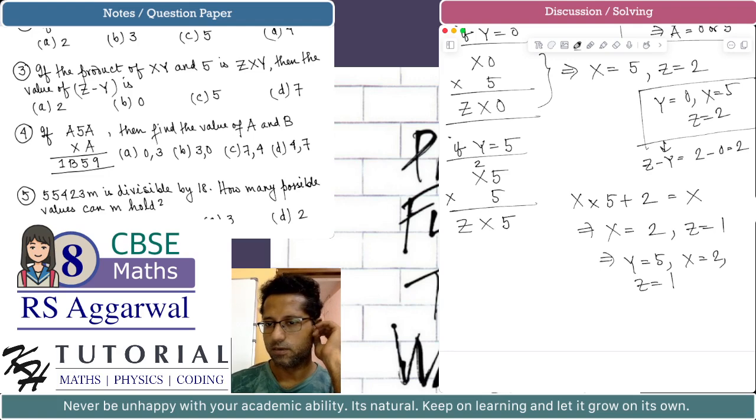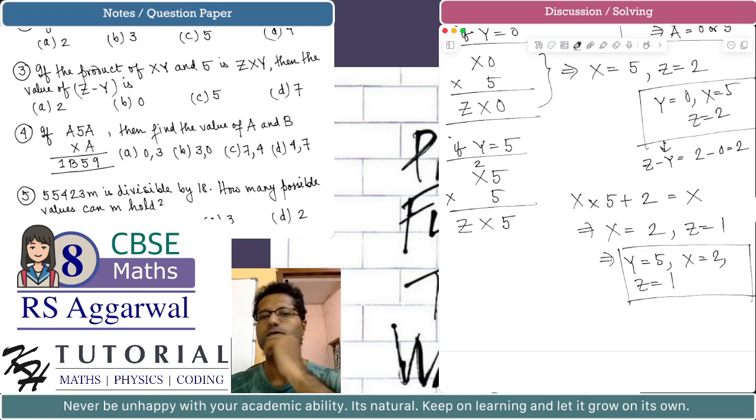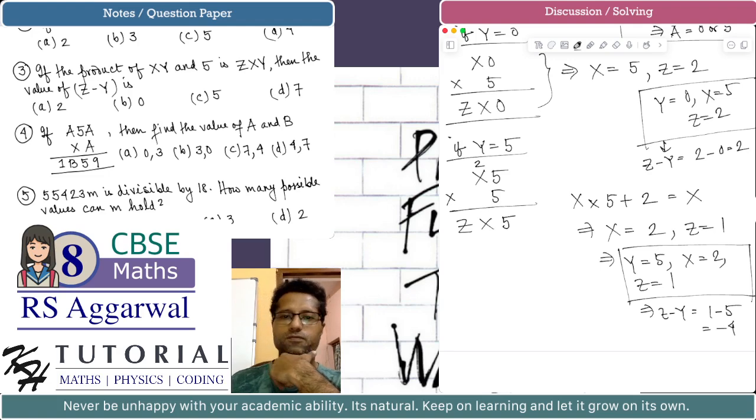Now if y is equal to 5, x equals 2, and z equals 1, this is also a possible solution. For this solution, z minus y is equal to 1 minus 5 equals minus 4, but minus 4 is not in the options.